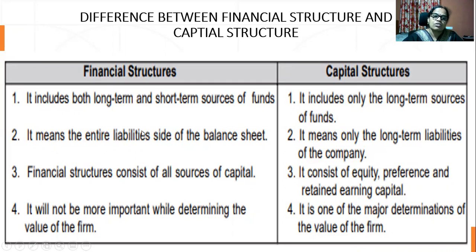But financial structure includes the entire liability side of the balance sheet of a company. Capital structure consists of equity, preference shares, and retained earnings, whereas financial structure consists of all sources of capital. It could be short-term or it could be long-term.